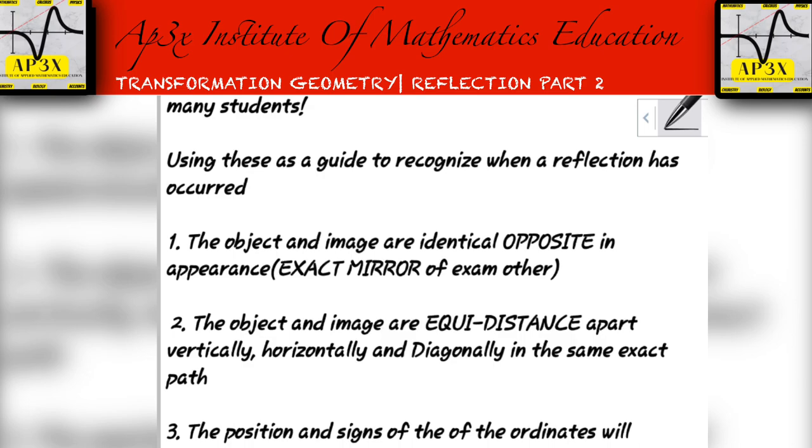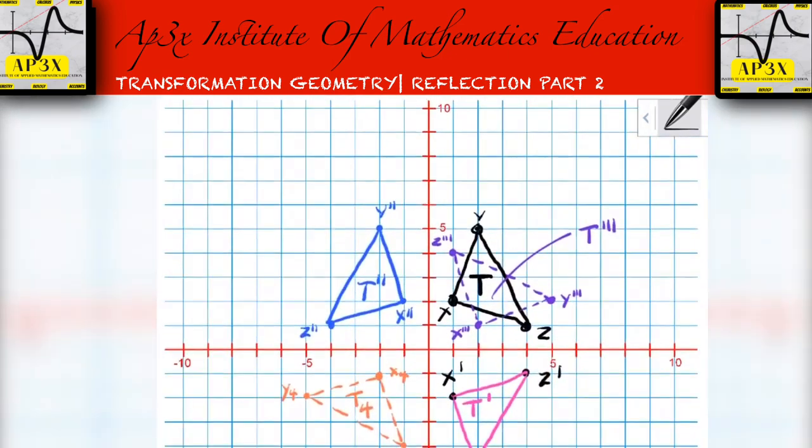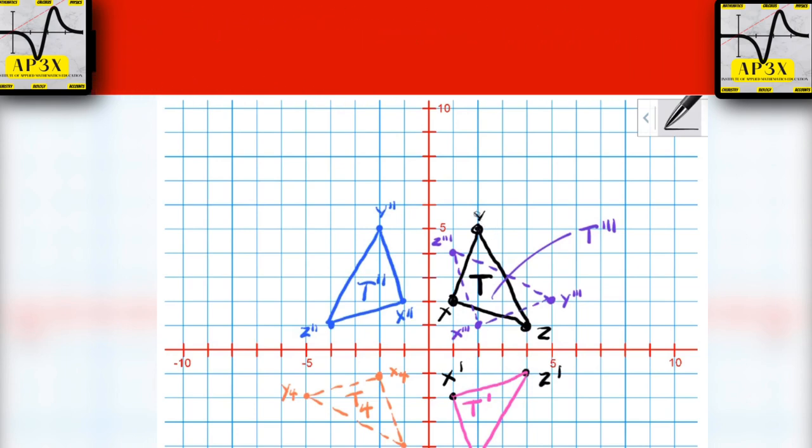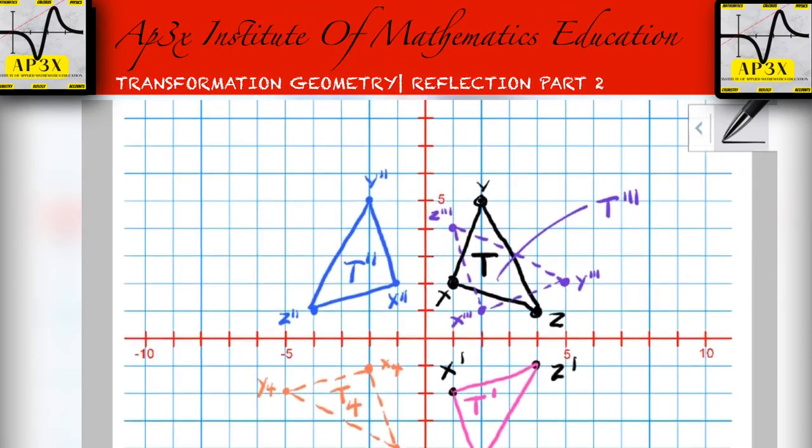So if you go back to our previous diagram, you'll recognize easily that if you compare the black triangle here with the pink triangle here, you notice that Y was at the top, but when you look at the image, Y ends up at the bottom.